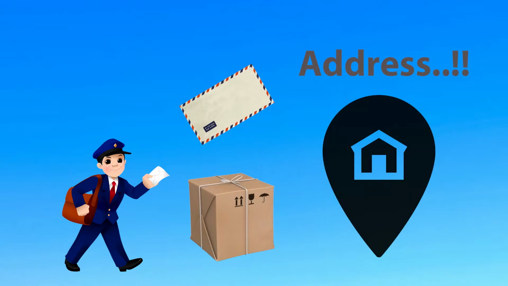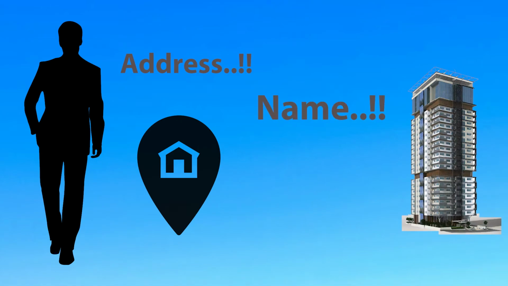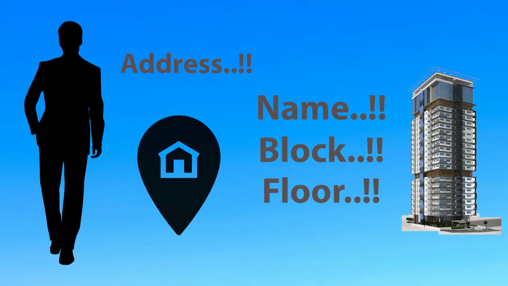In that kind of scenario, you have to uniquely know or identify that person's address, which may have certain properties, like the name of the apartment, then the block of that particular apartment. Then you need to go to that floor of the apartment or the building where that person is residing or staying. Then you need to go to that particular house number or door number, right? That is very, very important.